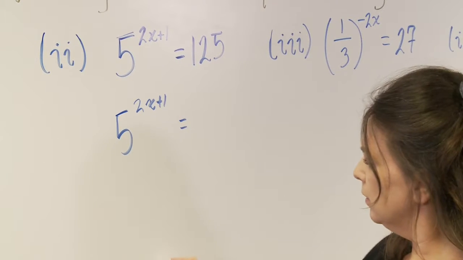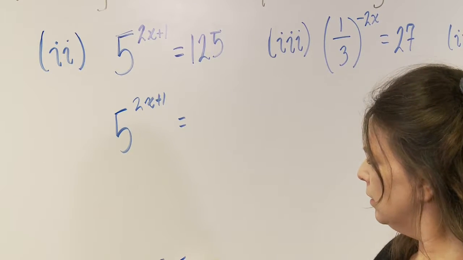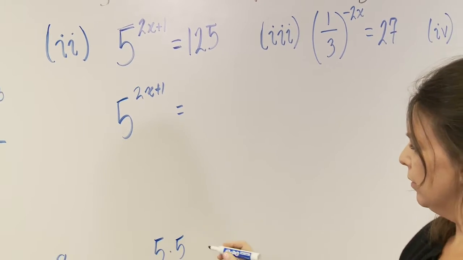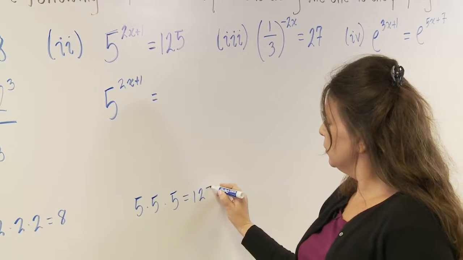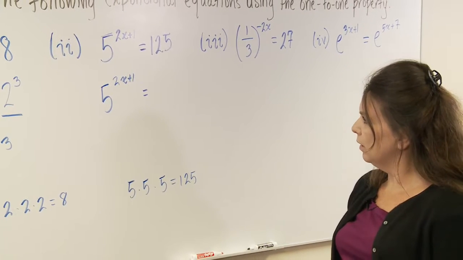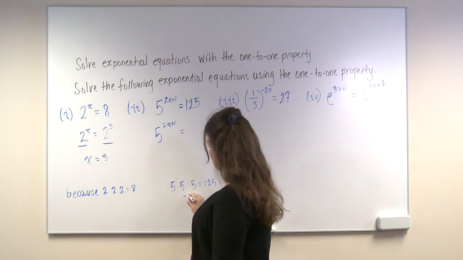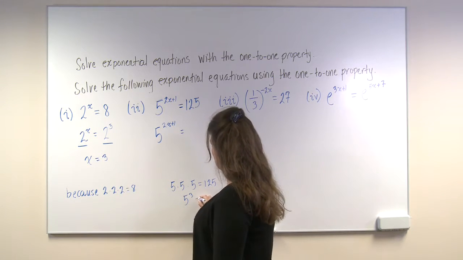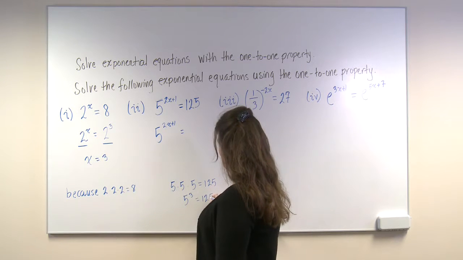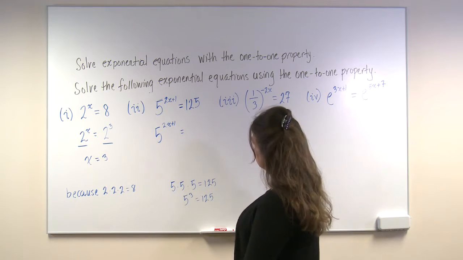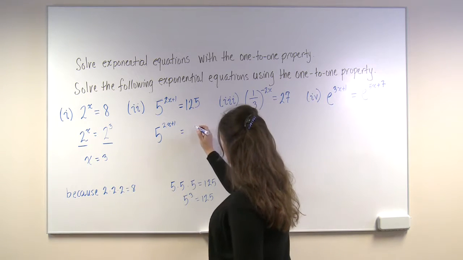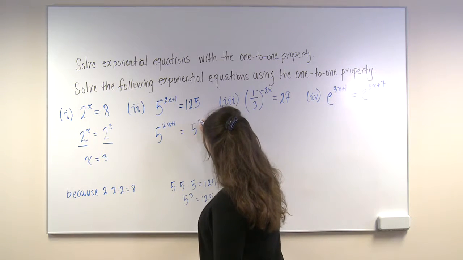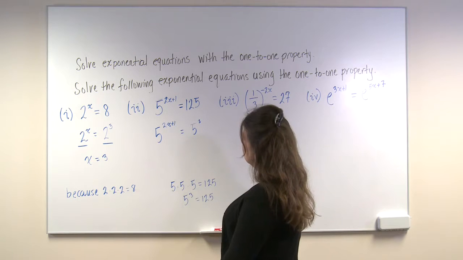So I know that 5 times 5 is 25, times another 5 is 125. Or 5 to the 3rd power is equal to 125. So I'm going to replace 125 with 5 to the 3rd power.